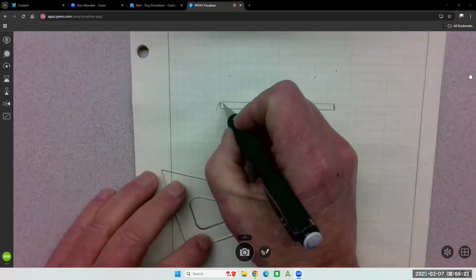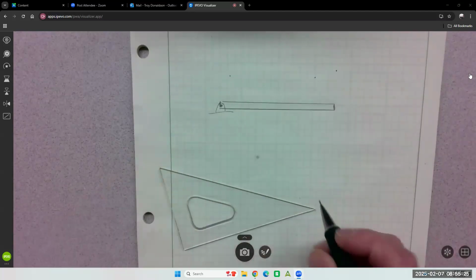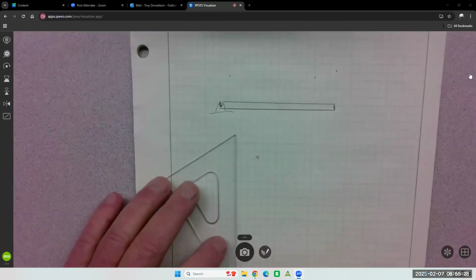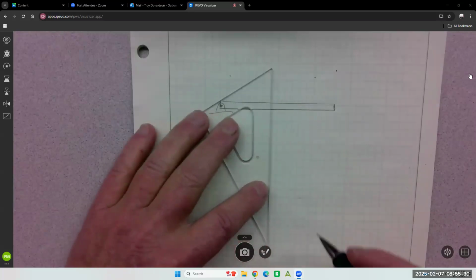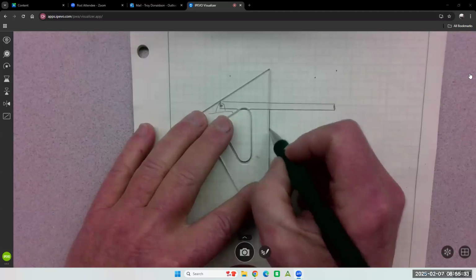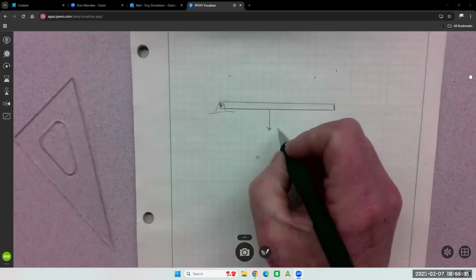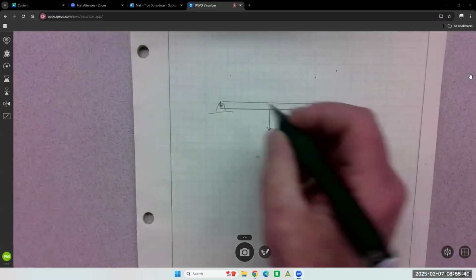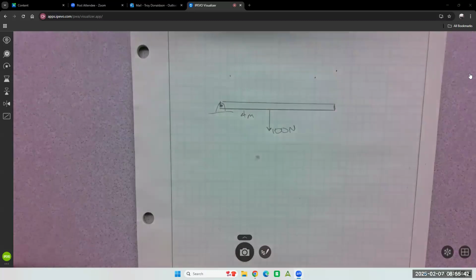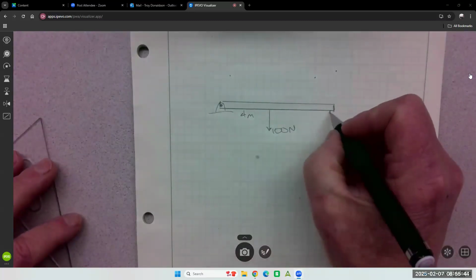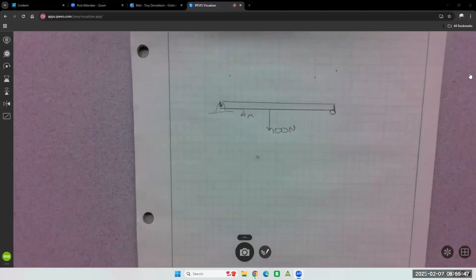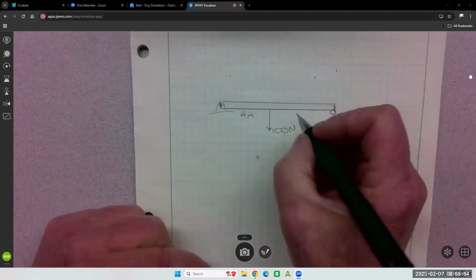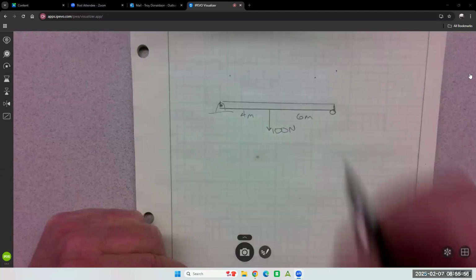We'll put a pin here, and we'll put a force in the middle here, going down at 100 newtons at 4 meters. And then we'll put a roller here. That'll be 6 meters.